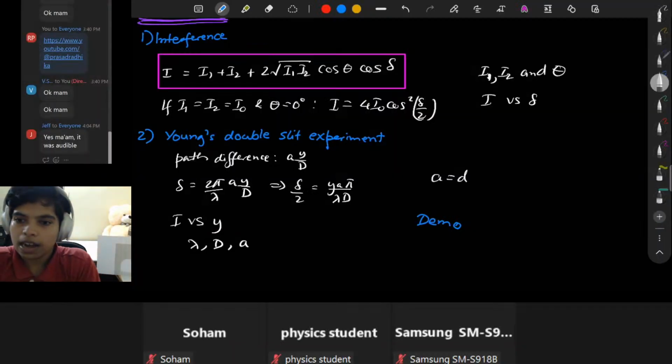And since I could not show very high quality fringes to you, I have something else for you. I have a place where I have actually performed this experiment, and I can show you the results of that experiment, because with this webcam, the stuff was not being captured very nicely.